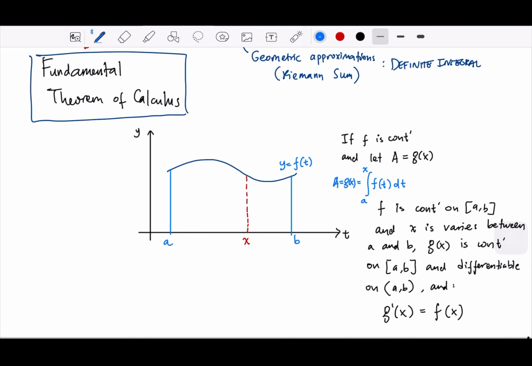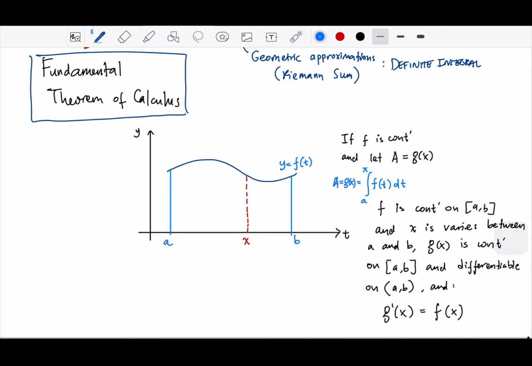Taking this example, we have a random function, f of x, from the initial value a to the end value b. And of course in integral you could find the area under the curve, right? But now what we want to do is take some point in between a and b, and make this point a variable.